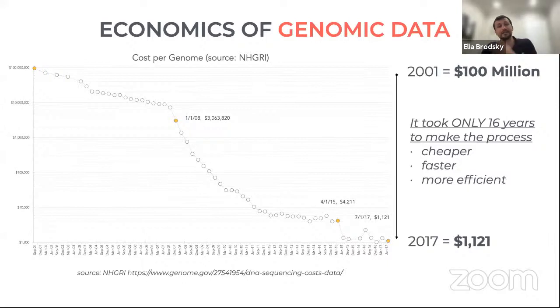And 16 years later, in 2017, for the first time, the price of the whole genome sequenced was just around $1,000. And so because of that, not only is this data informative, it can give us insights into what's going on, but it is also accessible and affordable. And it is approaching that threshold that makes it comparable to some of the other tests that are being done in the clinic already, and we've been using them for a long time.